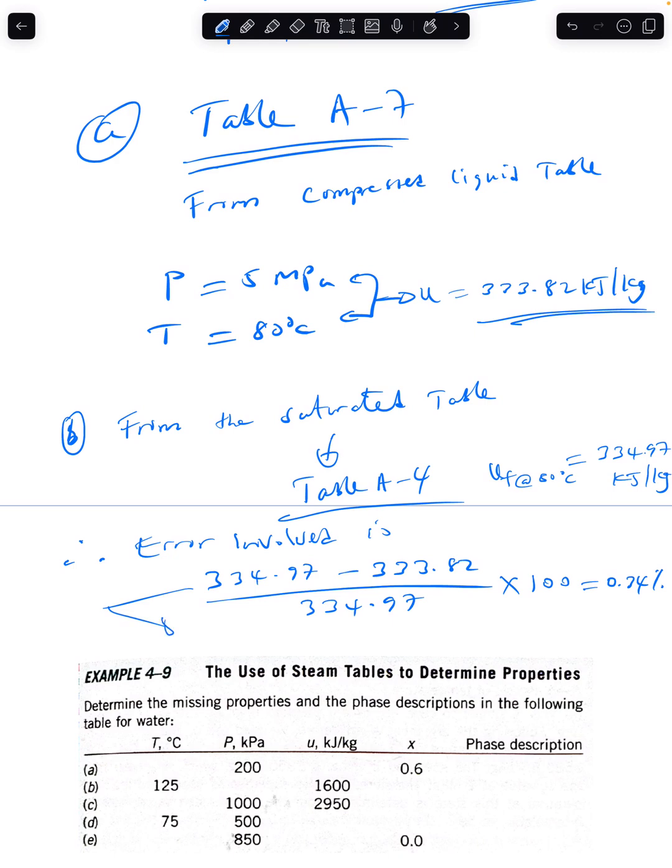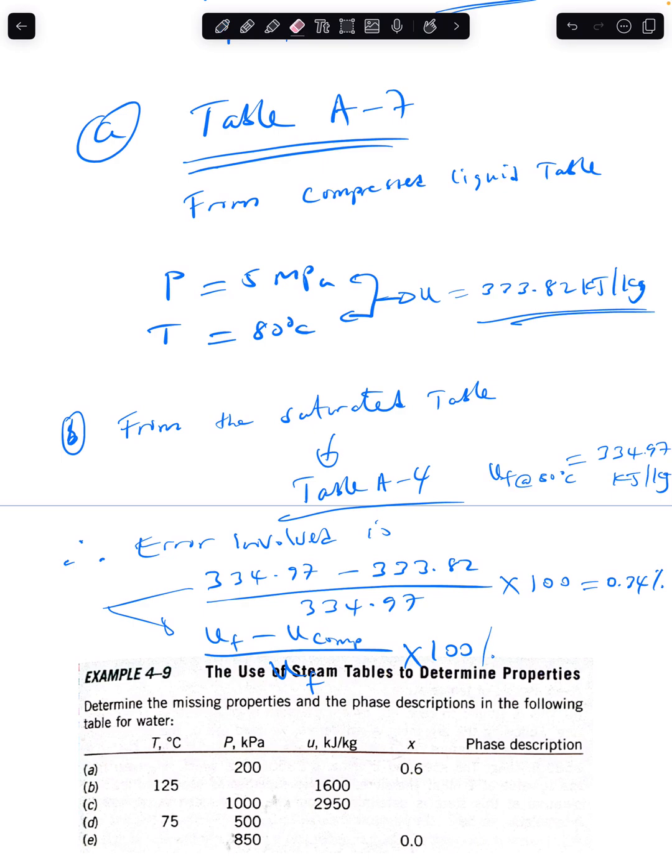So this expression can be written as the internal energy for the saturated fluid minus the internal energy for compressed liquid, over the internal energy for saturated liquid, times 100.